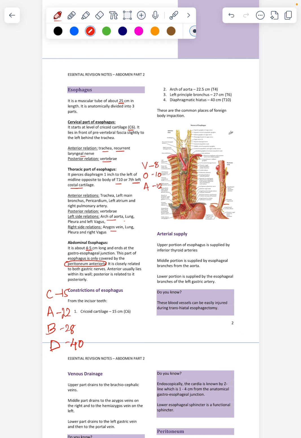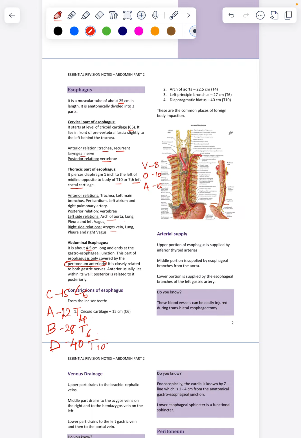Left bronchus is, so if you see, this is C6, this one is T4, T6, and then T10. So this is 2 vertebra, this is 4 vertebra, C6 to T4. This is longer, so 15, 22, 28, 40.